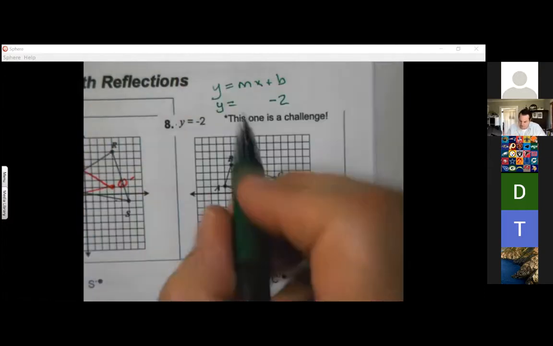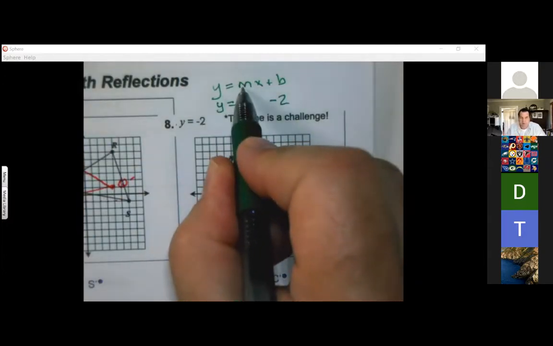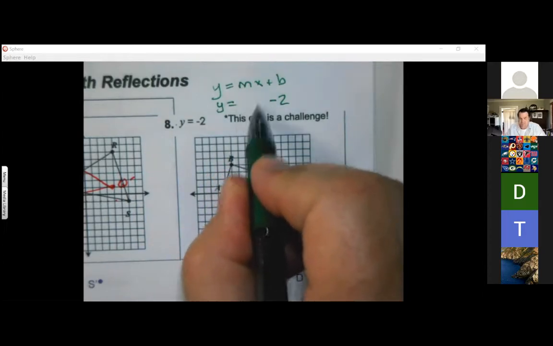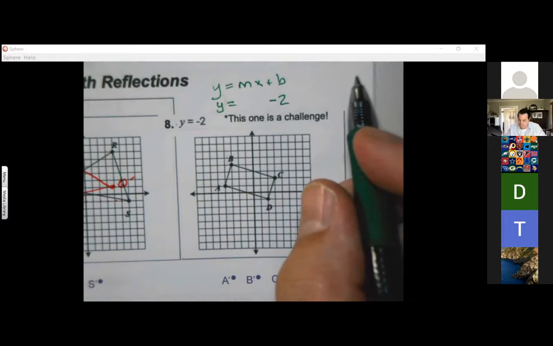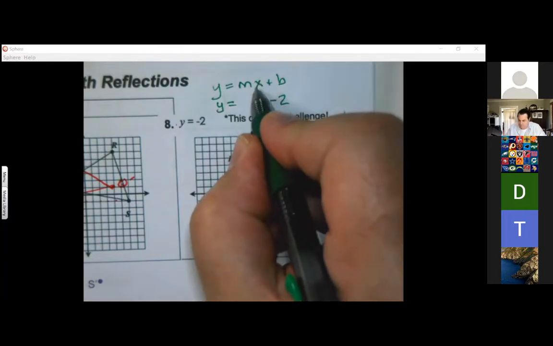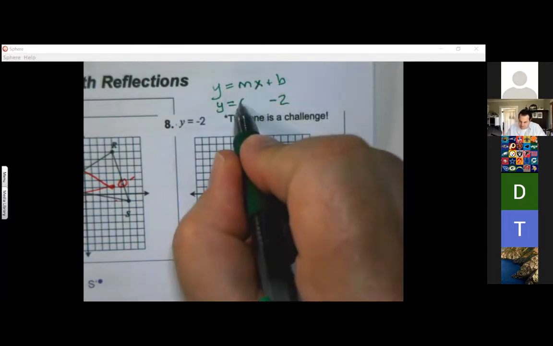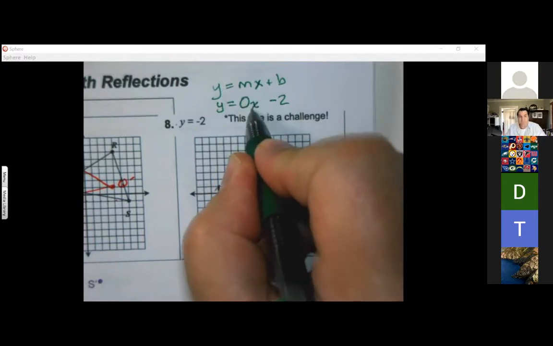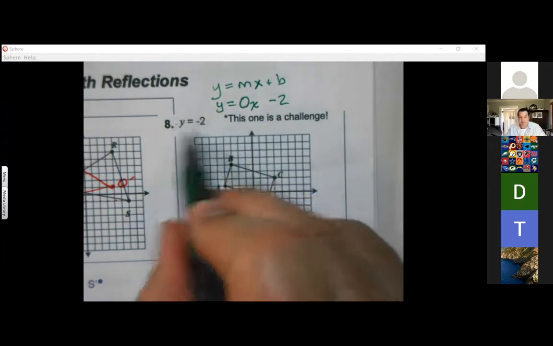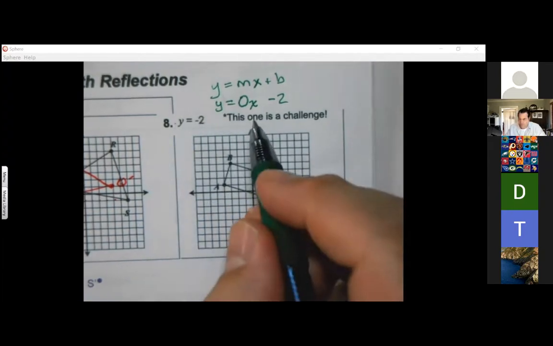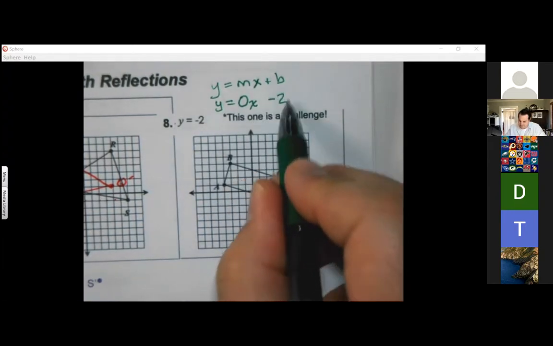So what would have to be happening with m, which is our slope, to make it just disappear? Well, it would have to be 0. So if we said y equals 0x minus 2, it would look just like this. And the way I graph these is I look at my y-intercept first.